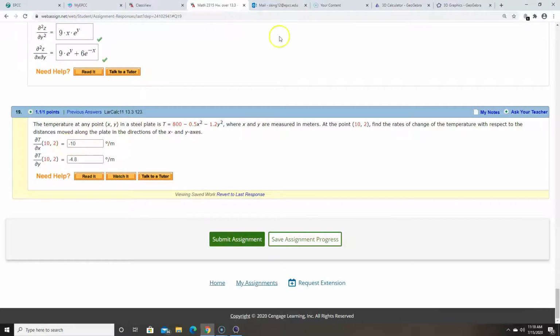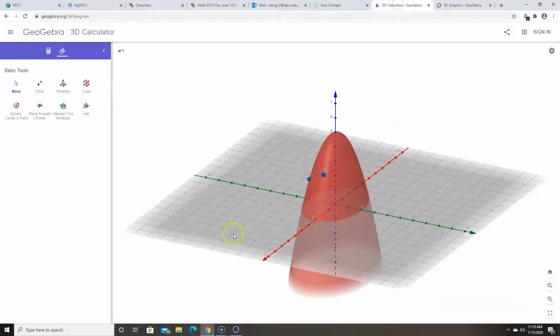So that means on this surface, which I don't quite have the right one, but it's bigger because it goes all the way up to 800, so it makes this quite a bit bigger.